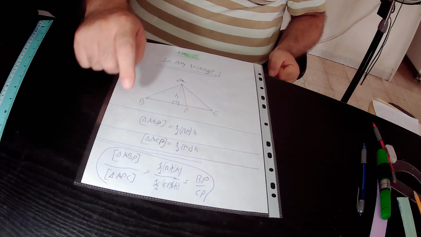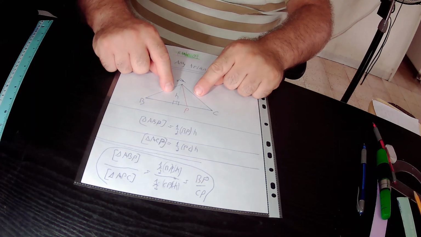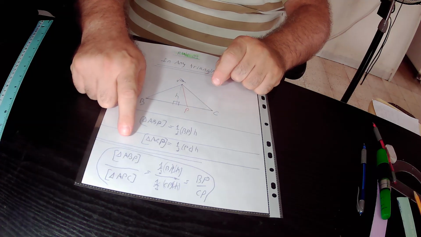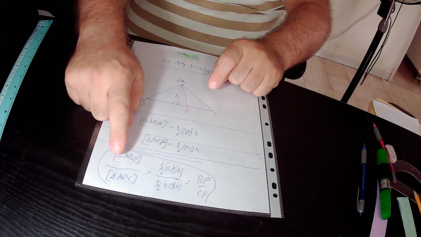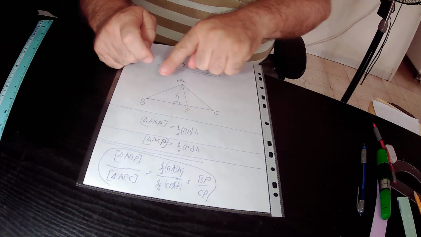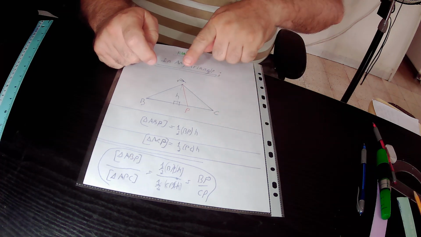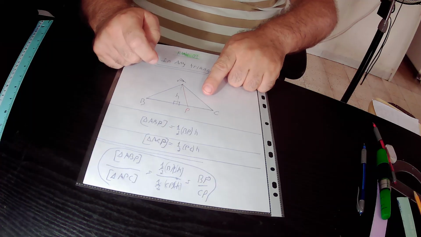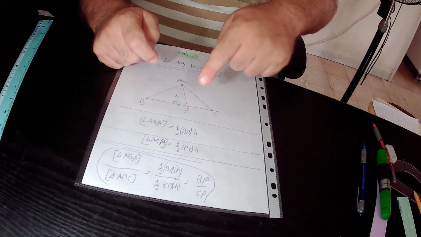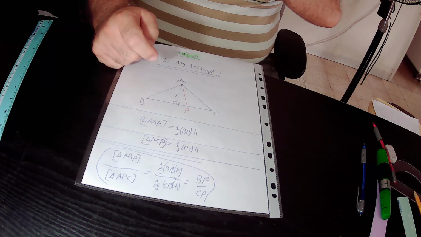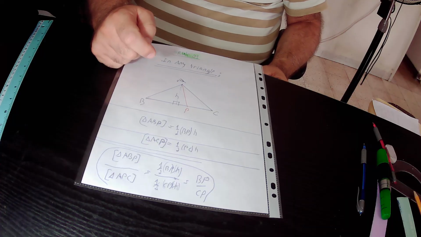Again, the ratio between the areas of the small triangle ABP over the area of the small triangle APC equals the ratio between their corresponding bases, BP over PC. So we can implement rule 23 in our drawing.